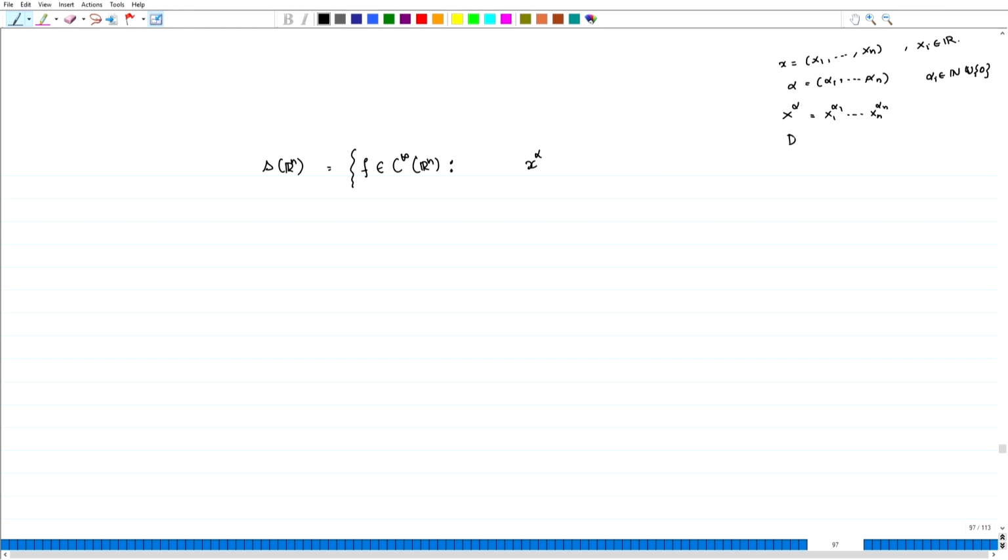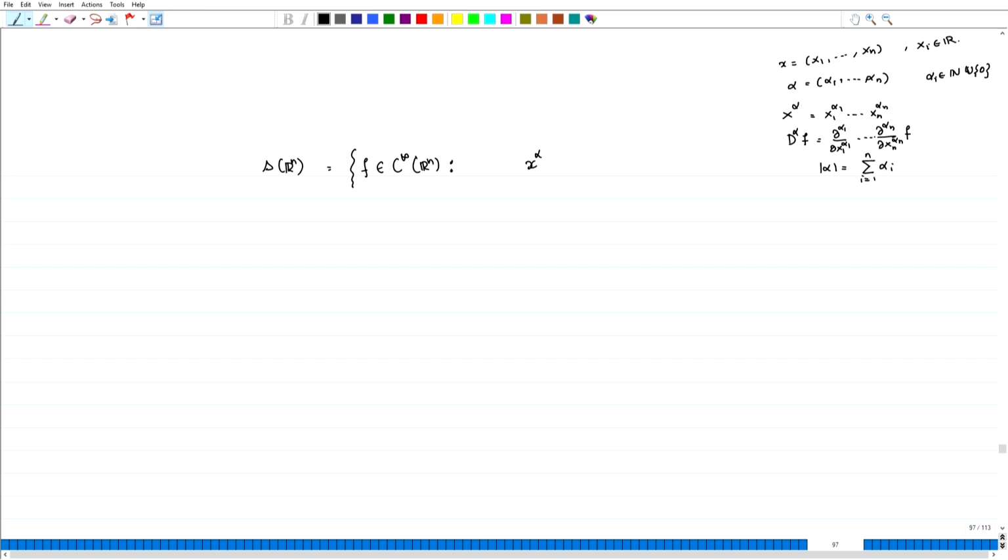Similarly, D alpha of f we define to be del alpha 1 by del x1 alpha 1 up to del alpha n by del xn alpha n of f, and we denote the summation over i from 1 to n of alpha i as mod of alpha.